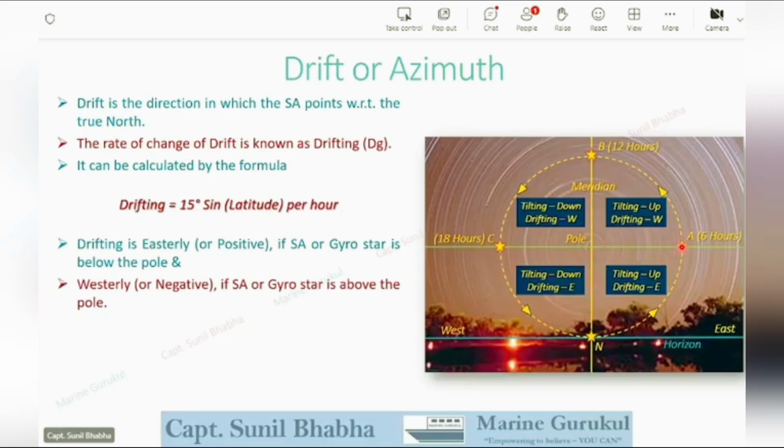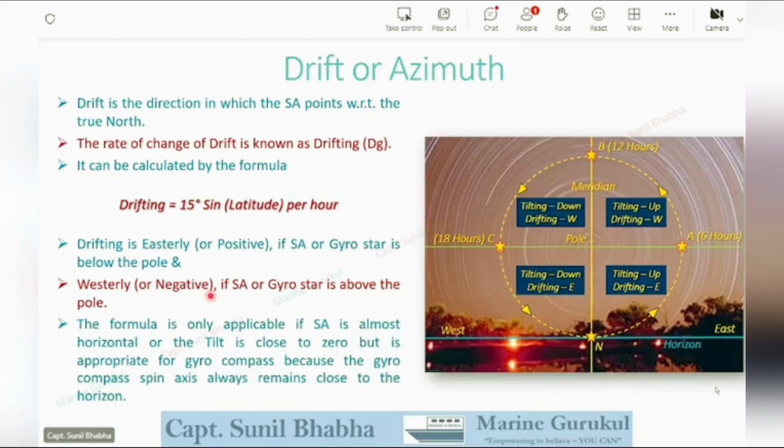As you can see from point Alpha to point Bravo up to point Charlie. In this semicircle A to B to C, the gyrostar or the spin axis is above the green color line, and in this case, the drifting or the motion of the star is in the westerly direction. So this westerly drifting as per sign convention is named as negative or is referred to as negative drifting.